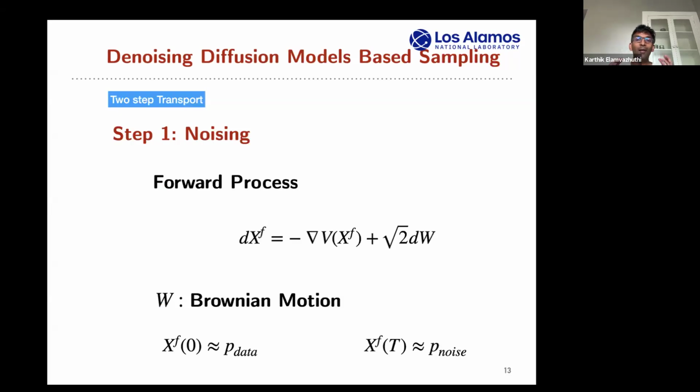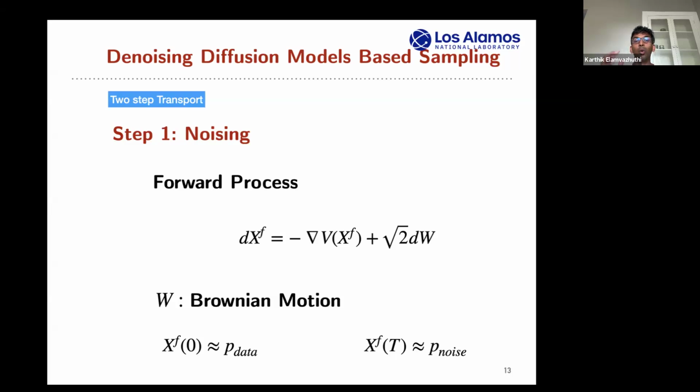Firstly, you have a set of equations which describes the noising process. In this case, again, you have the Langevin equation. And what you do is you initialize this dynamical system using whatever data that you have. Okay, so it's important to understand the distinction between what we're doing here and what I presented previously. Previously, when we were using the Langevin equation, we started with noise, but here we are starting with data.